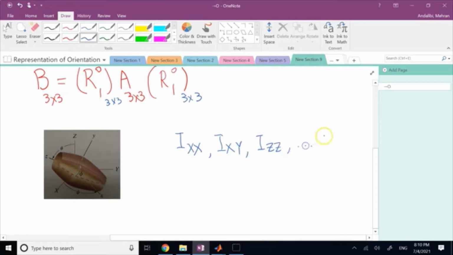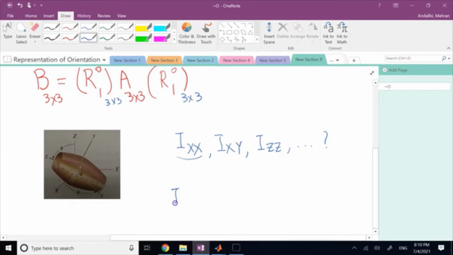You know, there are 9 components in the I matrix, in the moment of inertia matrix, and I'm asking you, what are those? Well, the thing is here, your rigid body is so much rotated with respect to the original frame cap XYZ, has rotated 3 angles, that if you want to calculate these guys by those integrals, that's not easy, right?